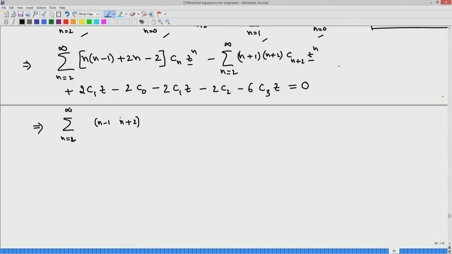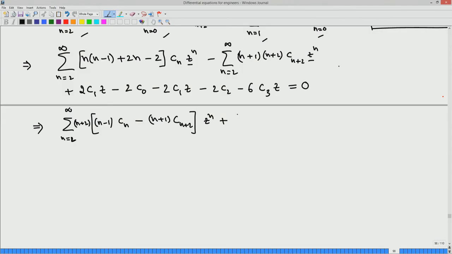So, n minus 1 times n plus 2 into C n z power n, minus n plus 1 into n plus 2 into C n plus 2. Now, n plus 2 is common on both sides, so I removed it. So, you have C n minus n plus 1 C n plus 2 into z power n. Okay, this is how I combined both the series.